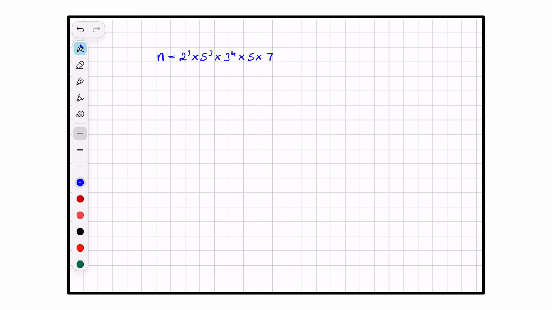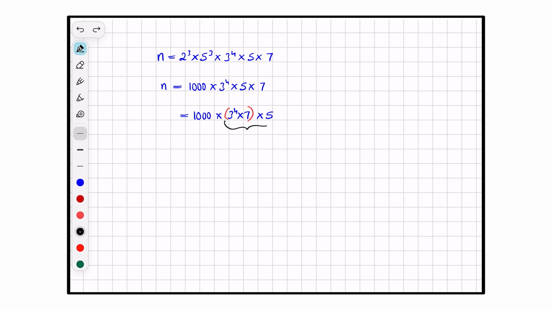This is nothing but n is equal to 1000 into 3 power 4 into 5 into 7. Why? 2 cube into 5 cube will give 1000. Further, 1000 into 3 power 4 into 7 into 5, I'll put this in brackets.